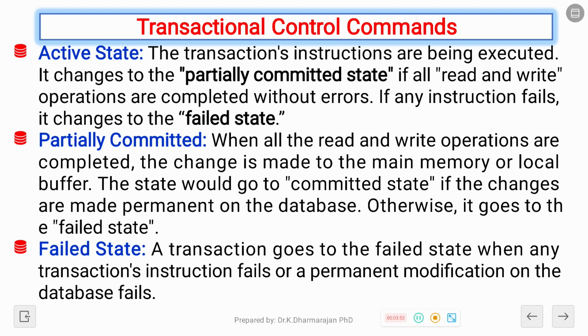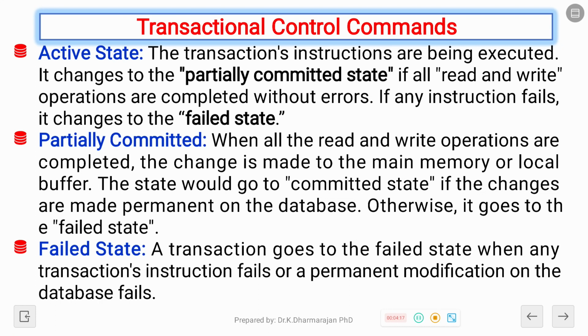Next, partially committed. The second state is partially committed. When all the read and write operations are completed, the changes are made to the main memory or local buffer. The state goes to the committed state if the changes are made permanent on the database. Otherwise, it goes to the failure state.